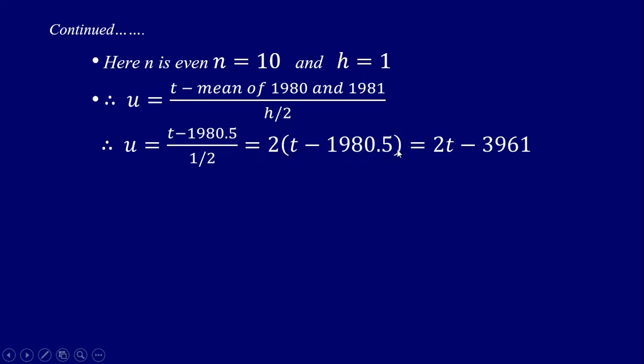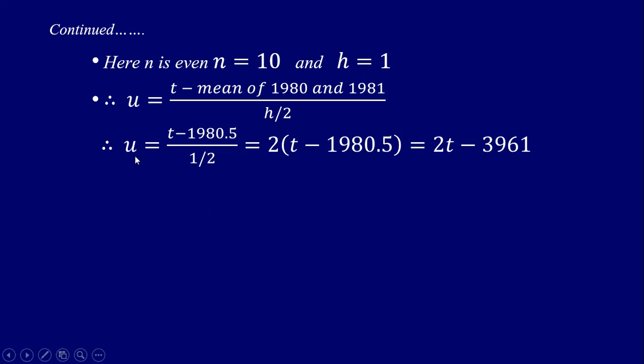Multiplying inside, we get 2t minus 2 into 1980.5, so it is equal to 2t minus 3961. So now instead of using variable t, we use variable u. It is just a change of origin and scale to reduce our calculations.